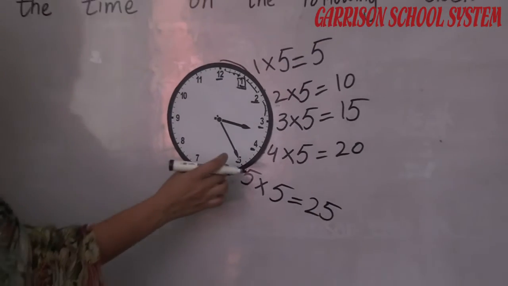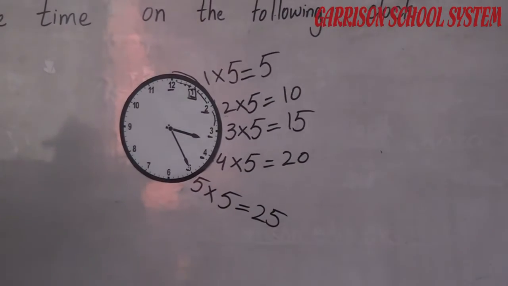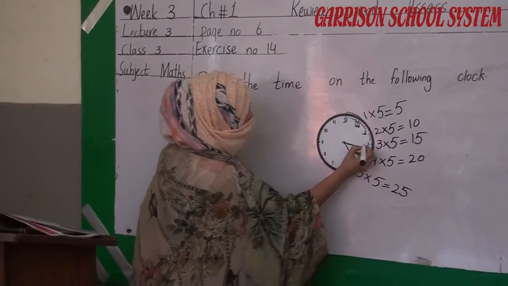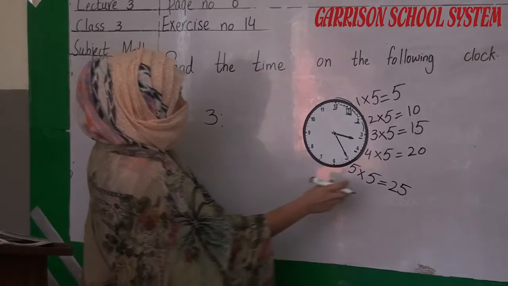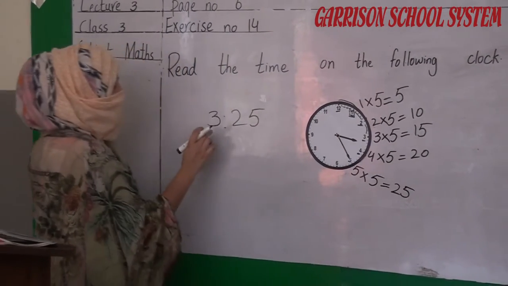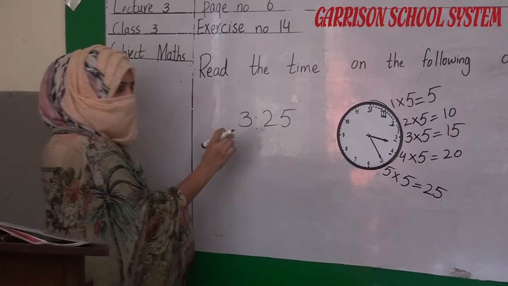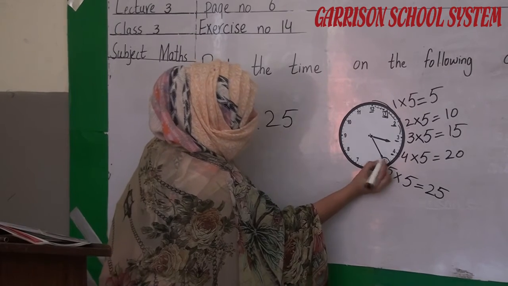So how many minutes are here? Here are 25 minutes. So what's the time at this clock? As you know, hour is 3 and minutes are 25. So what's the time here? 3 hours and 25 minutes. 3 hours here and 25 minutes here.